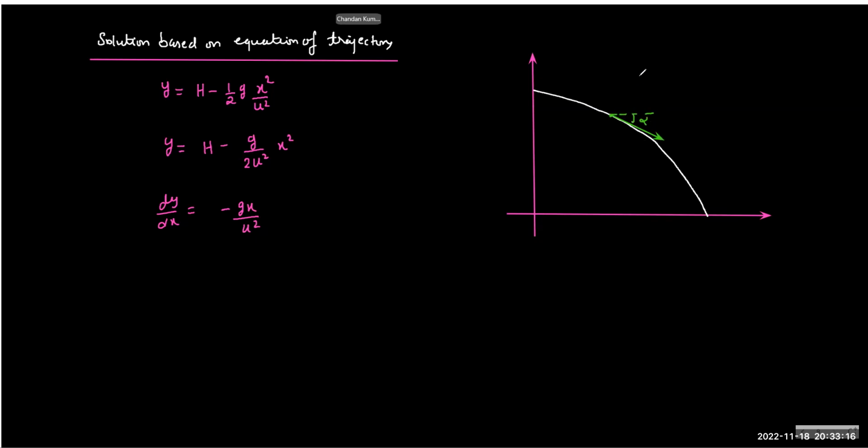If I look at a position x comma y, then dy by dx represents minus tan alpha. Why minus? Because it's below the x-axis. Or you can say that for the positive x-axis, any angle which we measure in the clockwise sense, we write tan of minus alpha. And tan of minus alpha is minus tan alpha. That's a property from trigonometry.